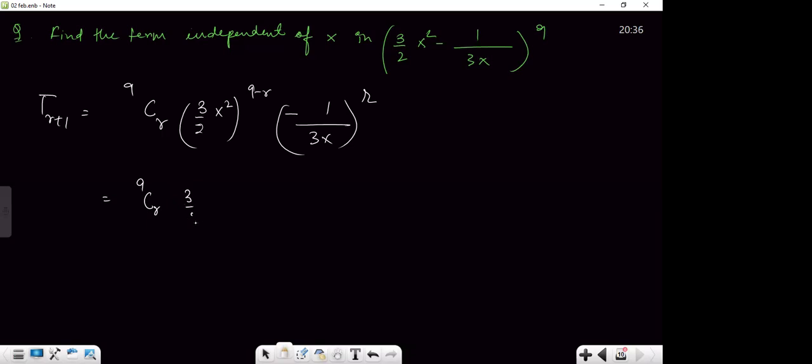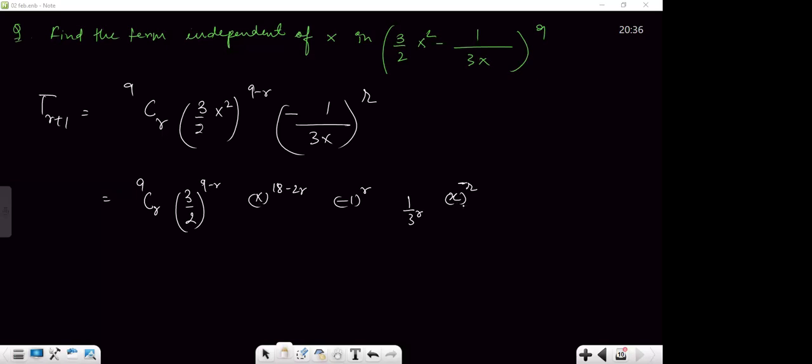3 by 2 raised to power n minus r and x squared. So 2 into 9 minus r becomes 18 minus 2r, minus 1 raised to power r and 1 by 3 raised to power r and x raised to power minus r, because 1 by x raised to power r means x raised to power minus r. Okay, so 18 minus 2r and x raised to power minus r.